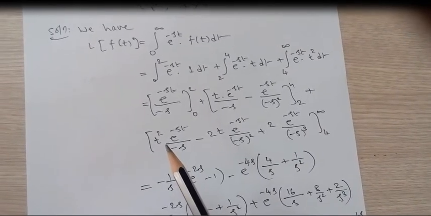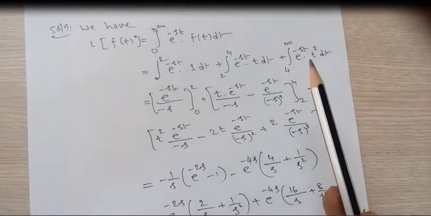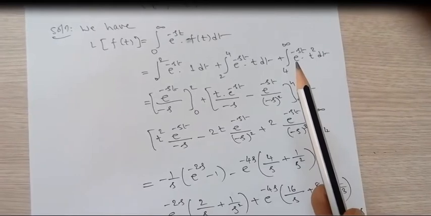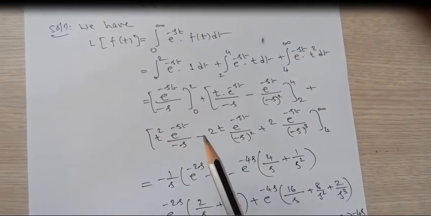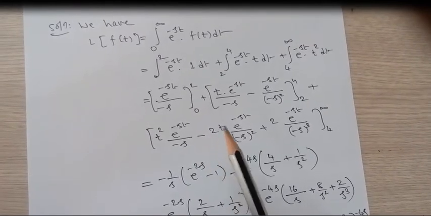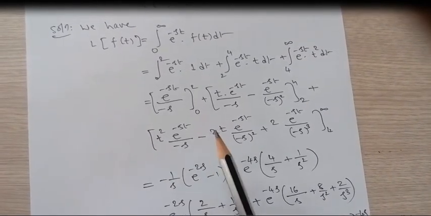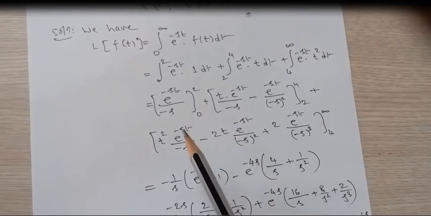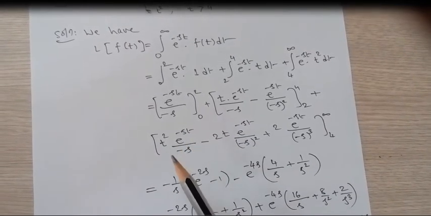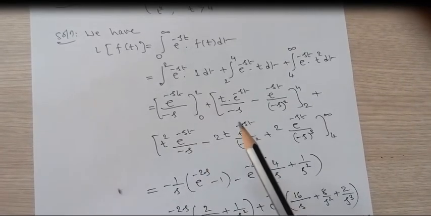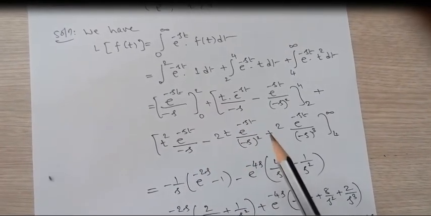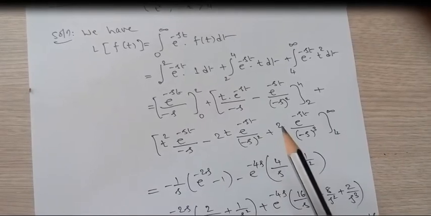Again, by the rule of integration by parts, we take this as the first function and this as the second function. First function into integration of second function, minus the differentiation of t square, which is 2t, and the integration of e raised to minus st by minus s with respect to dt is this, plus the differentiation of 2t.